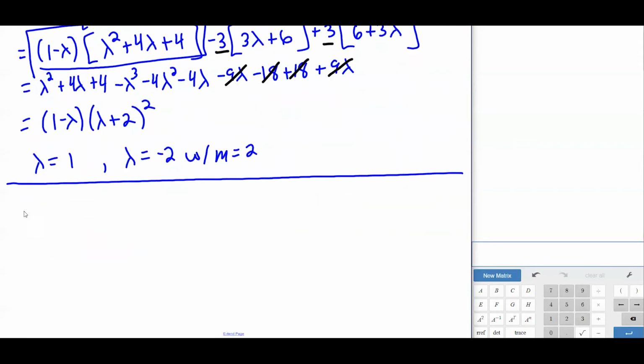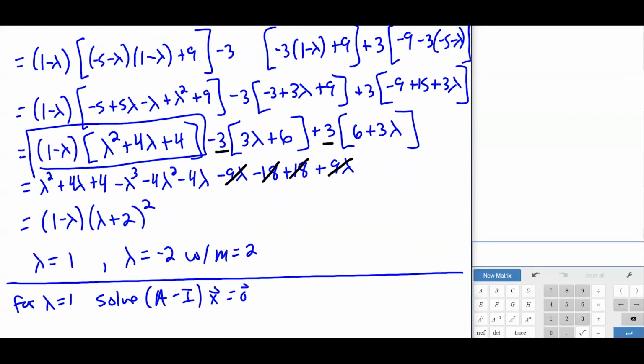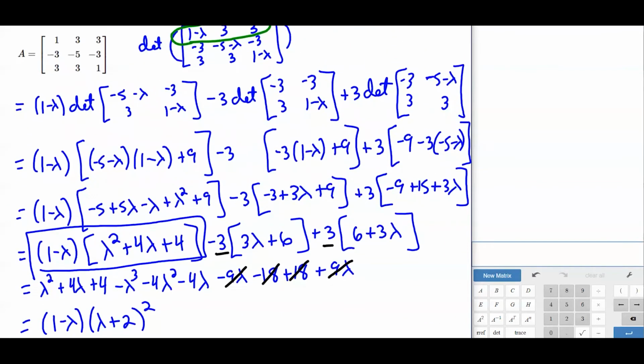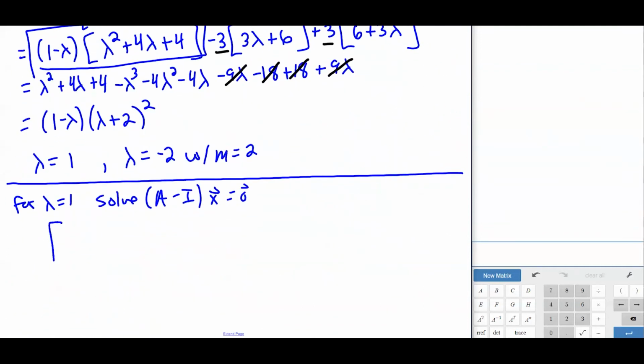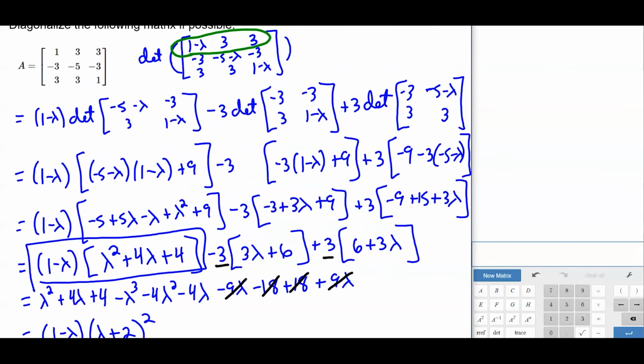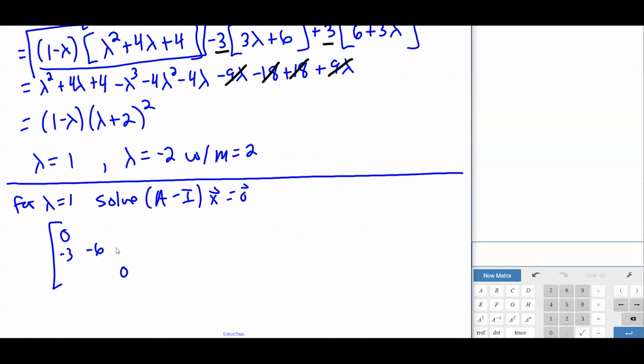All right, so for lambda equals 1, I need to solve A minus I x equals 0. Just plug in 1 for lambda. And I've got to subtract 1 from the main diagonal. So that would be 1 minus 1 would be 0, -6, 0. And then the rest are 3s and -3s. So I just need to row reduce this.